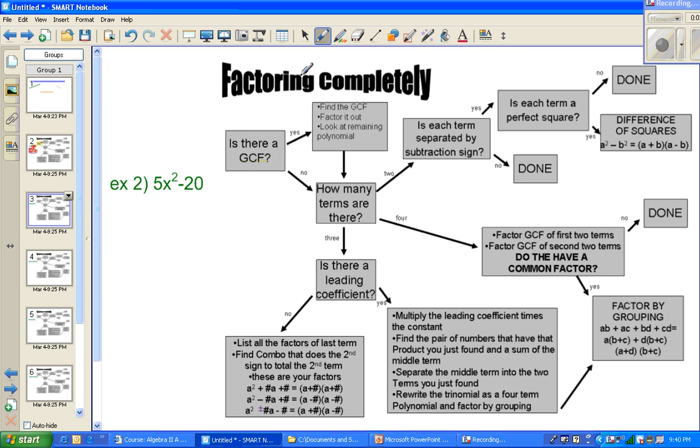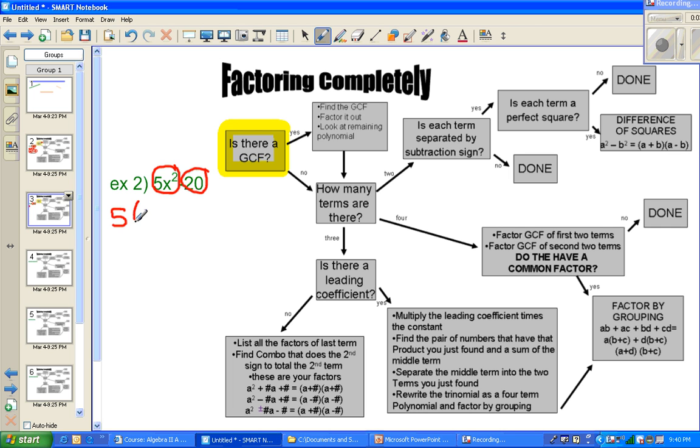Now, if we change that problem just by a little bit, notice the only thing we've changed here is our plus sign became a minus sign. We're still going to start right here at this box. Ask yourself whether or not there is a GCF, and we feel that there is a GCF between the values of 5x squared and 20, and the GCF is 5.